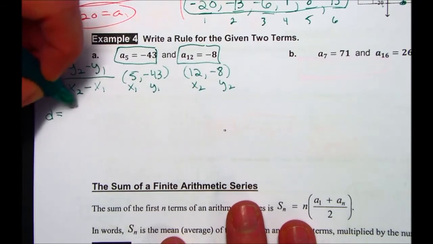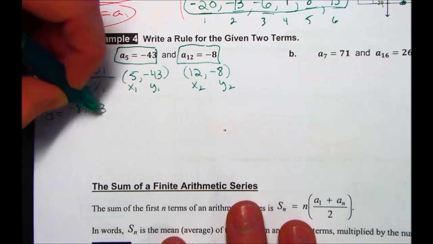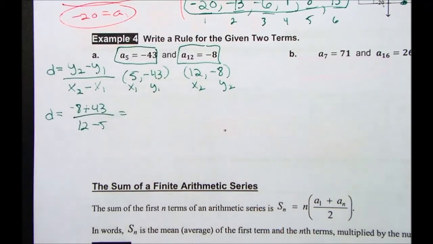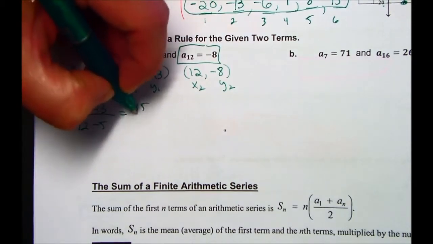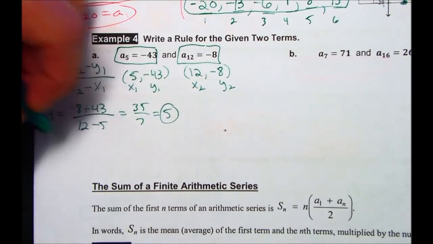So my y2 is negative 8 minus my y1, so I'm subtracting a negative, which makes it positive 43. And 12 minus 5. So that gives us 35 over 7, which equals 5. So that's our common difference.